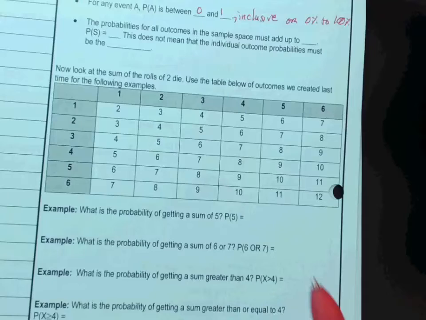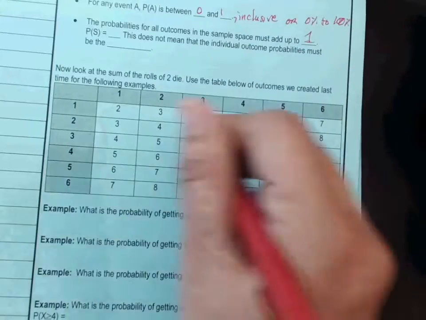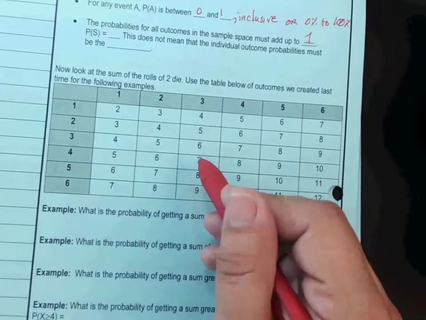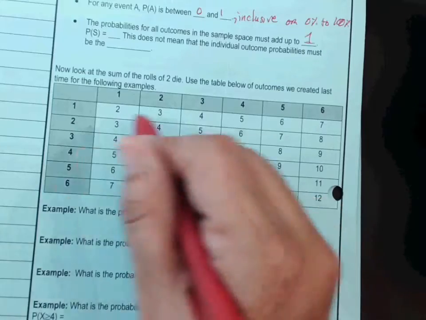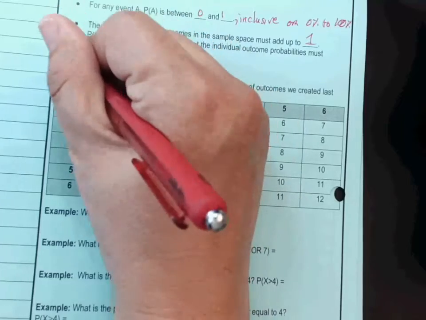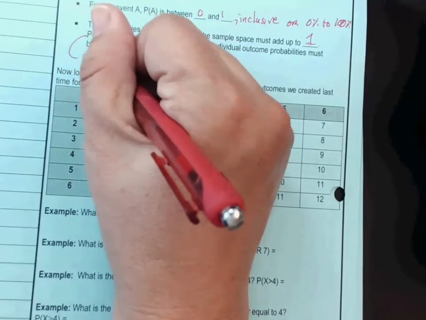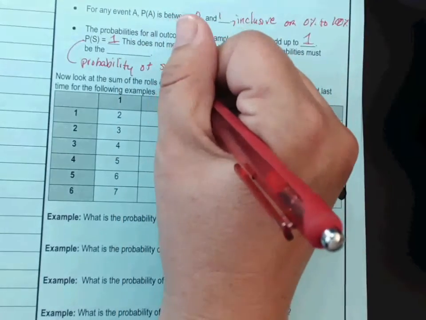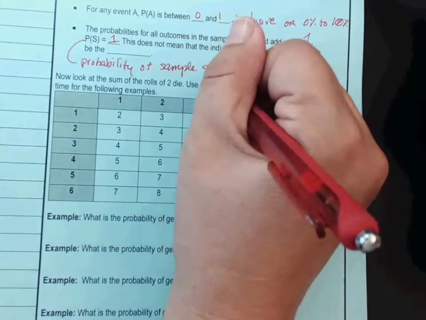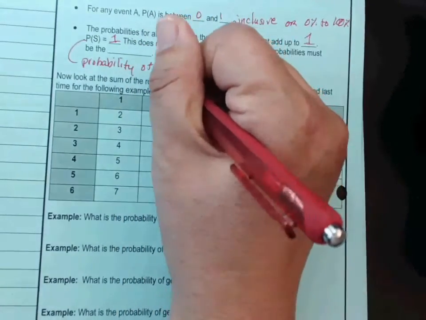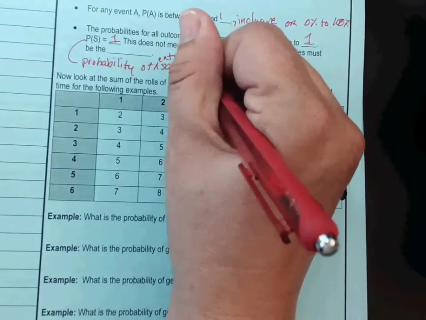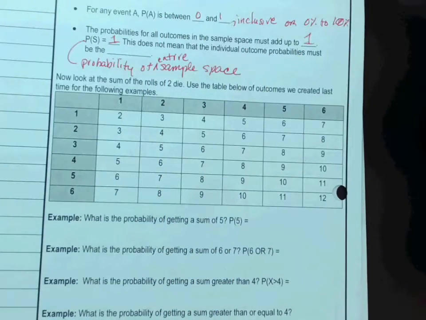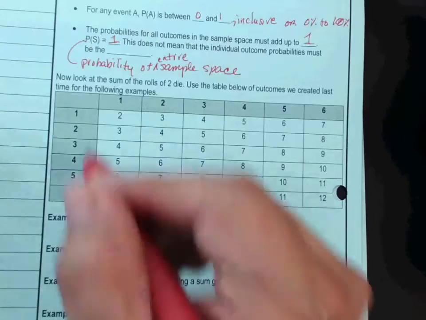And hopefully you said that's 100%, because all these probabilities for every cell on here have to add up, when I put them together, to 1. So the probability of the sample space has to be 1. And that means the entire sample space, by the way.